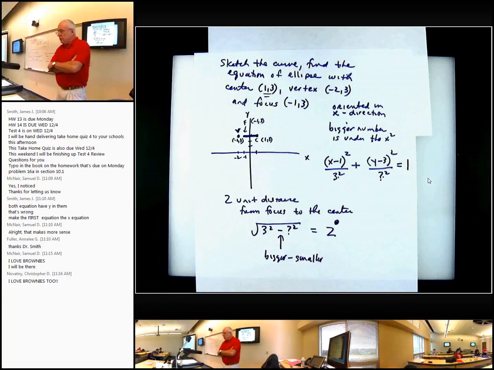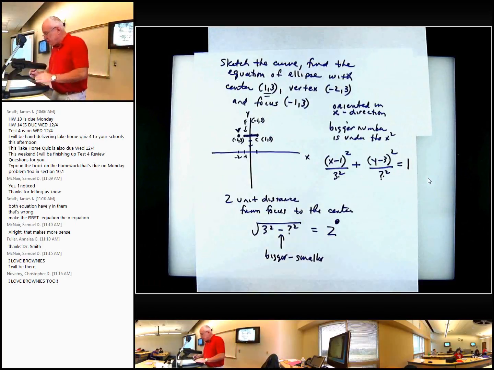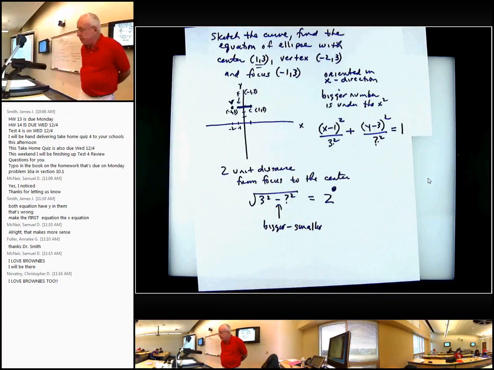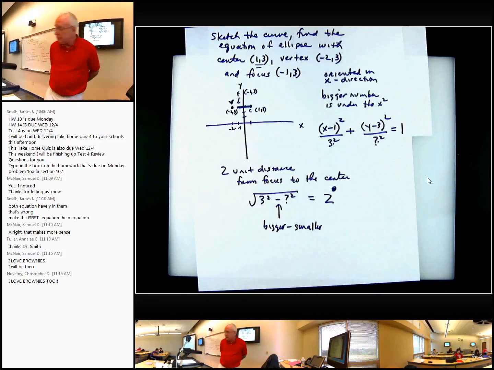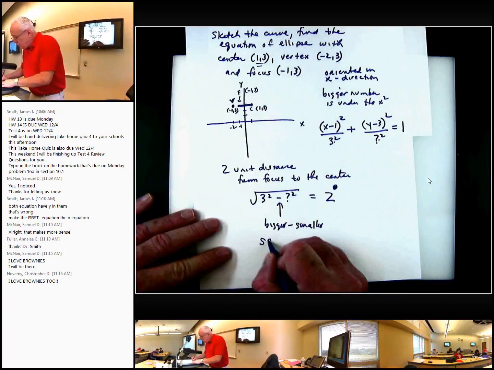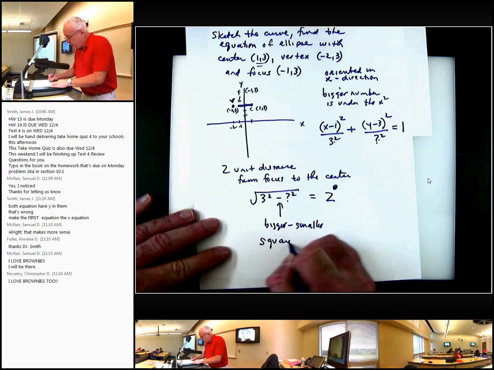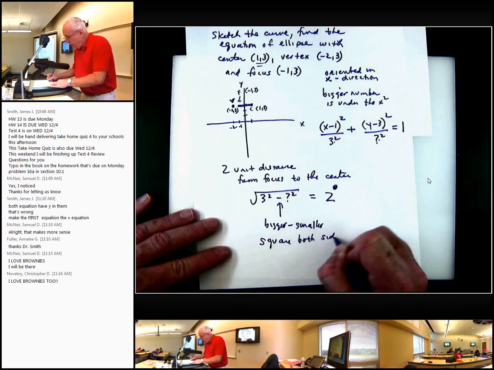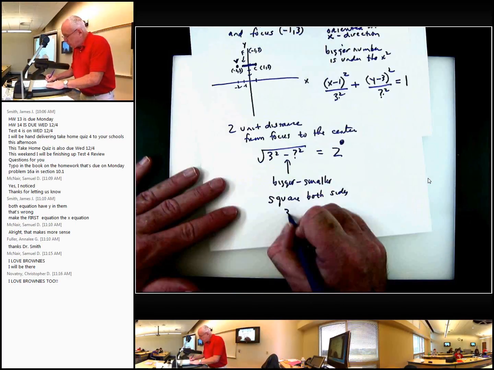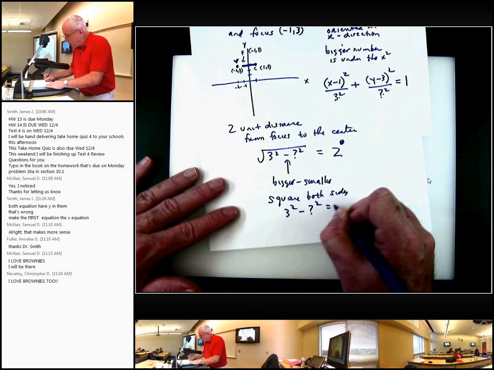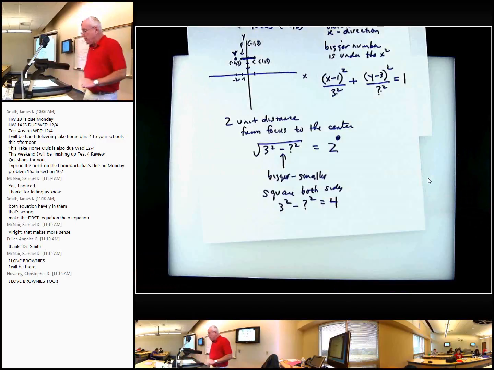So therefore, we can find out what the question mark is just by solving this. We can square both sides. And we see that 3 squared minus question mark squared is equal to 2 squared.